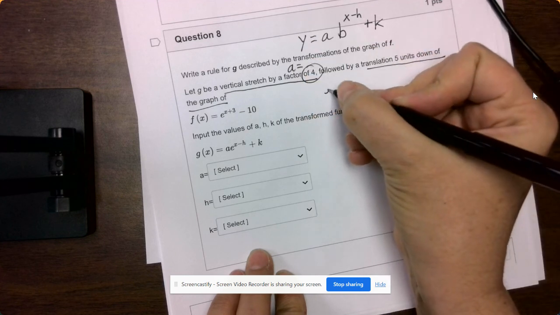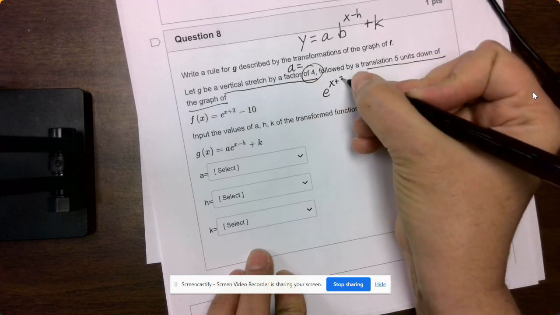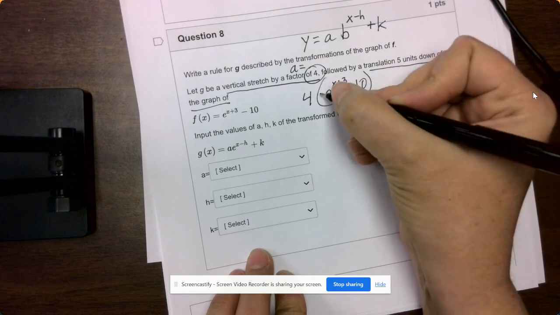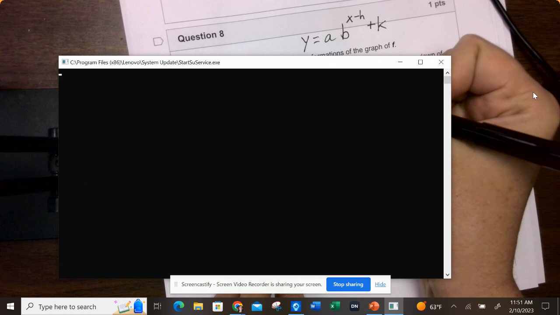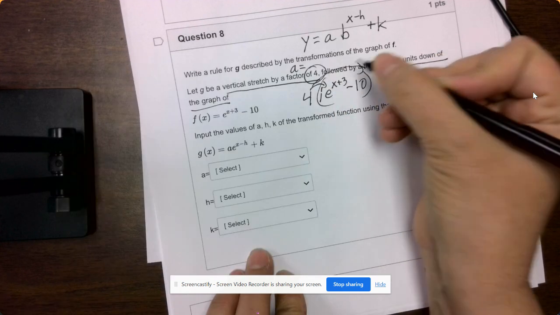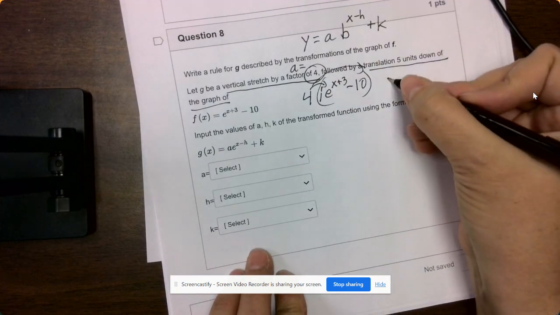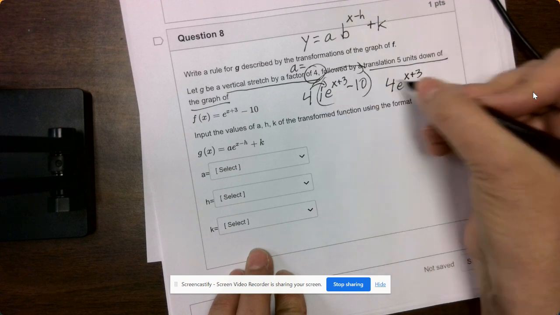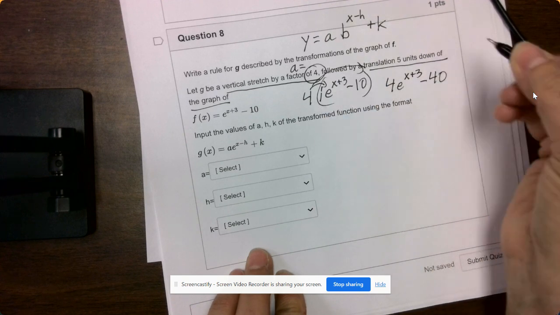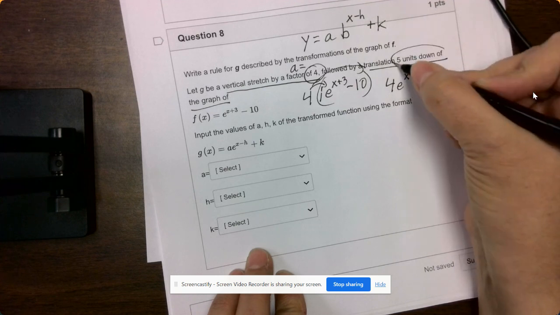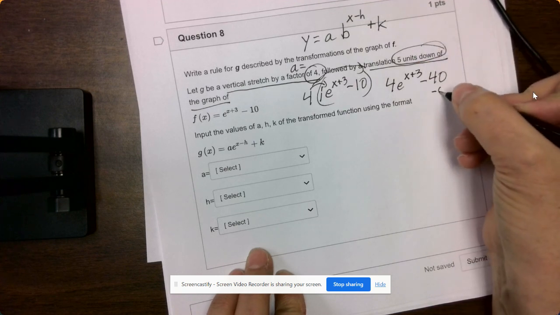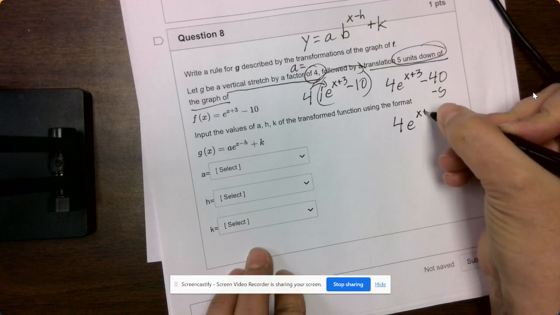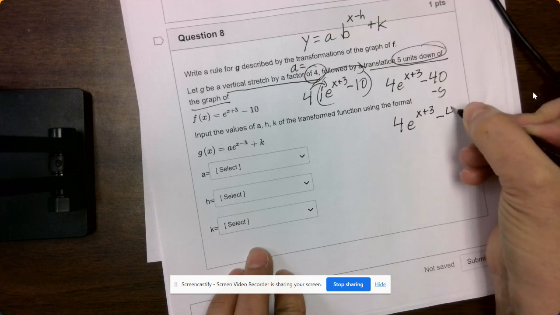So I'm going to take that function and multiply it by 4. Remember, this E has an invisible 1 in front of it. So we're going to get 4E raised to X plus 3. 4 times 10 is going to give us minus 4. It says 5 units down, so minus 5. So it's going to be 4E raised to X plus 3 minus 45.